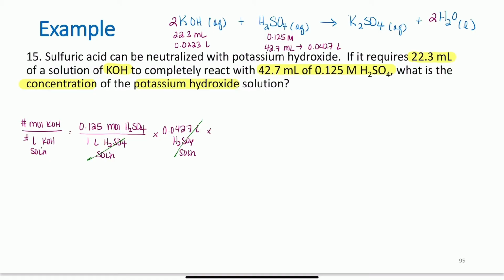I've got moles of sulfuric, but I need moles per liter of KOH. So I better get to my moles of KOH. There's 2 moles of KOH to every 1 mole of sulfuric. So 2 moles of potassium hydroxide are required to neutralize 1 mole of sulfuric acid.